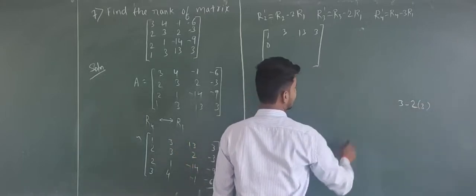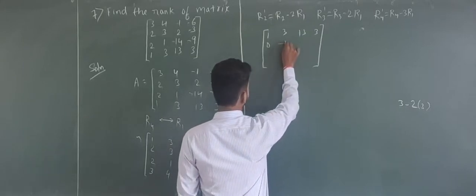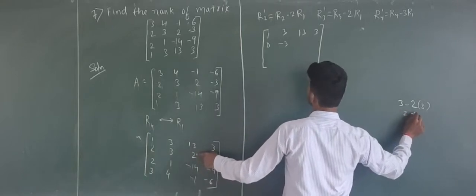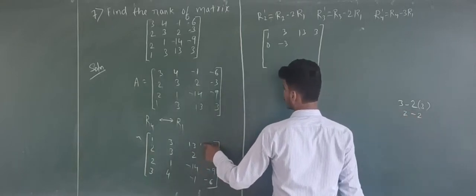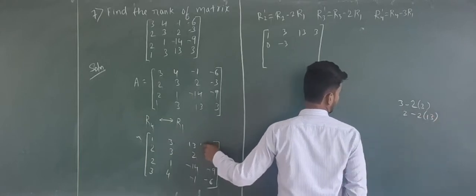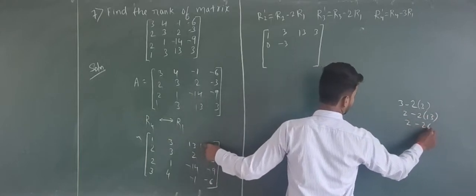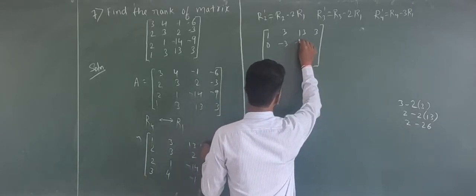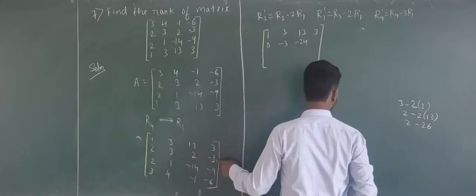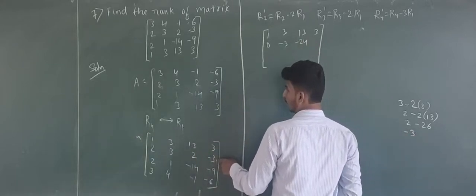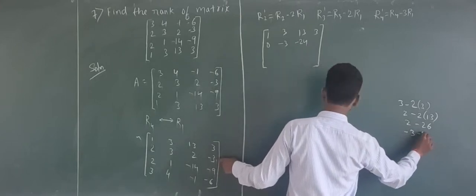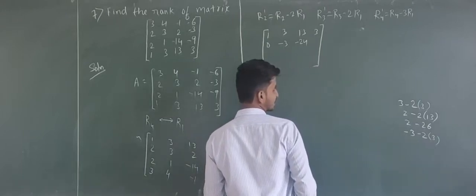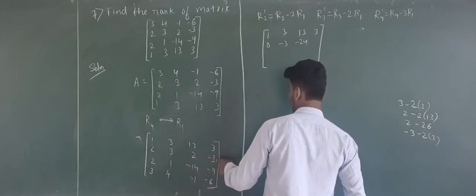Next, 2 minus 2 into 13, which is 26, so 2 minus 26 is -24. Next, -3 minus 2 into 3, that is -6 minus 3, which is -9.